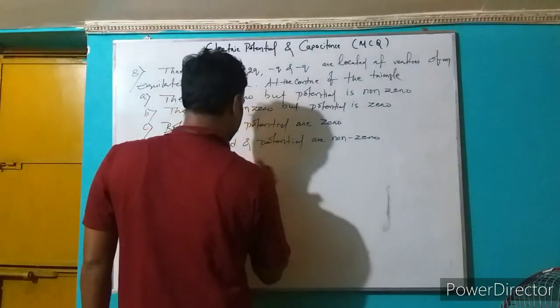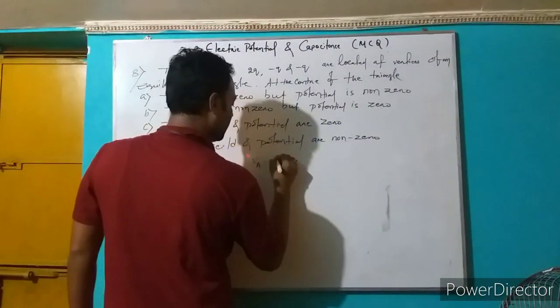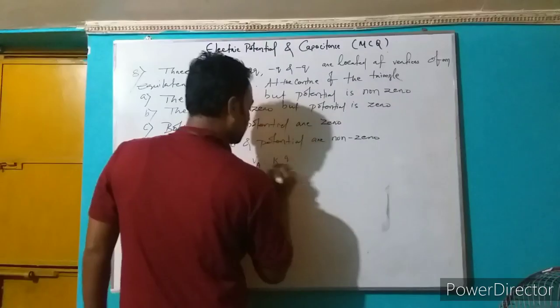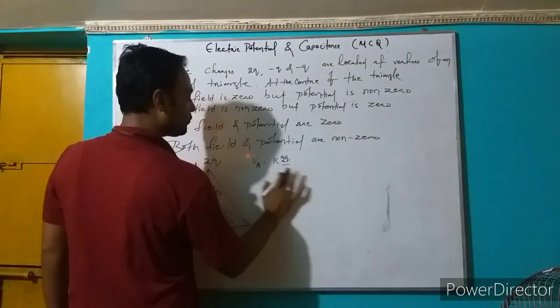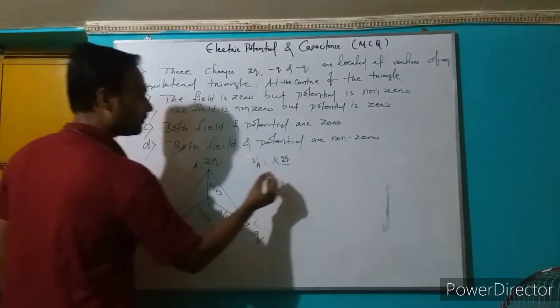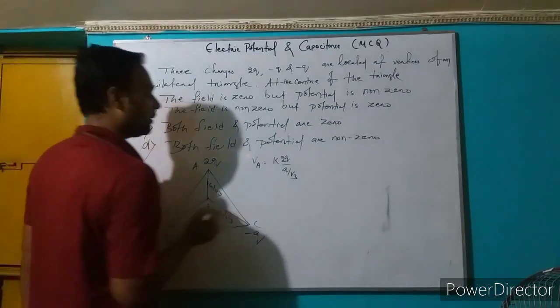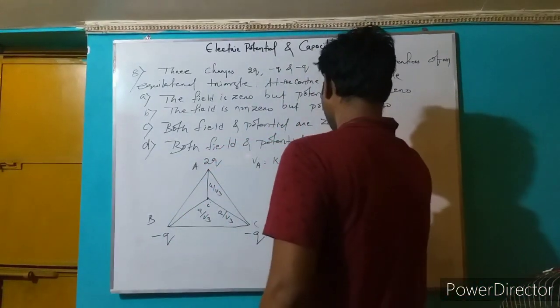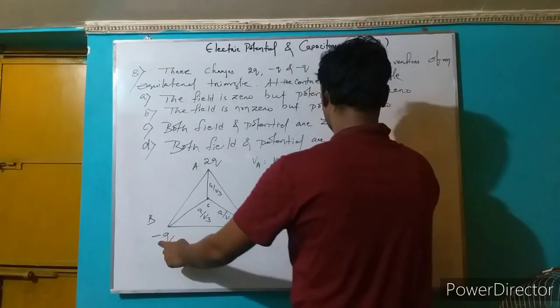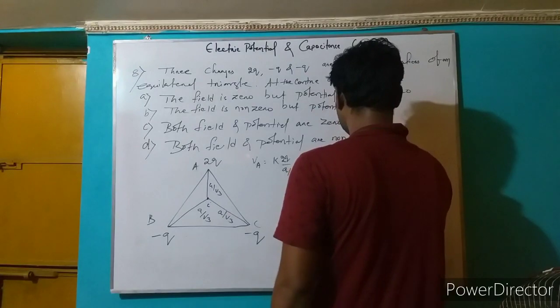Denoting 1 by 4 pi epsilon 0 as k, VA equals k q by r. Here q is 2q and r is A by root 3. Similarly, potential at B is k into minus q divided by A by root 3.